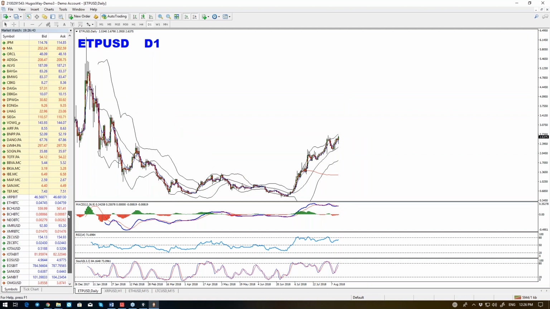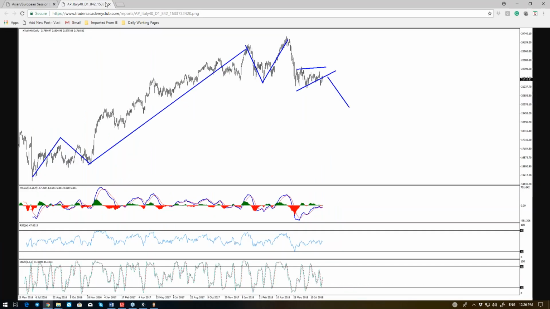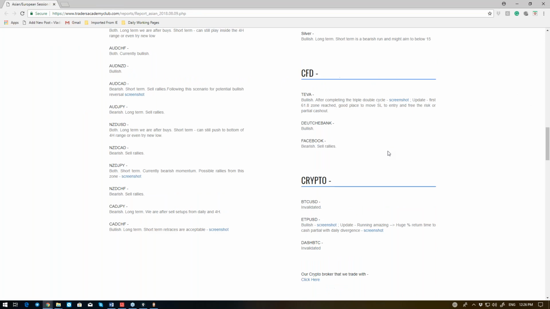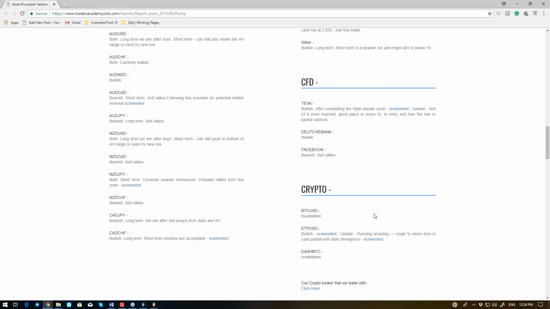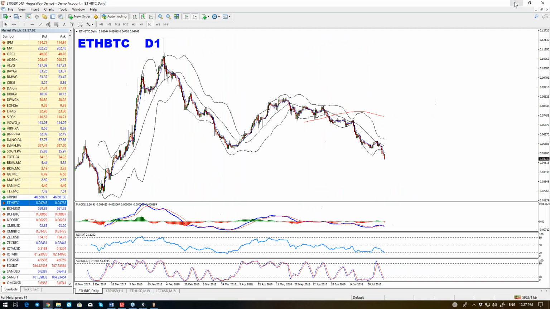And the last one, which starts to be interesting, is the Ethereum versus the Bitcoin, which we were in a bearish view. Let me just find it here. Why it's not here? I removed it. Yeah. So that was our view.